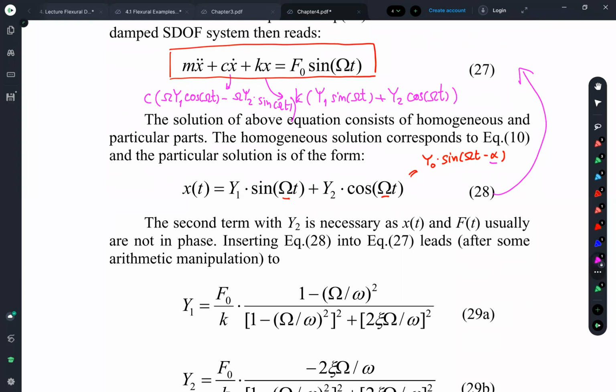For example, if y1 is 1.7 and y2 is maybe 4.5, what is the maximum displacement of my building? It's not straightforward to answer. I have to do some mathematical manipulation to find the maximum quantity from the summation of the sine and cosine terms.